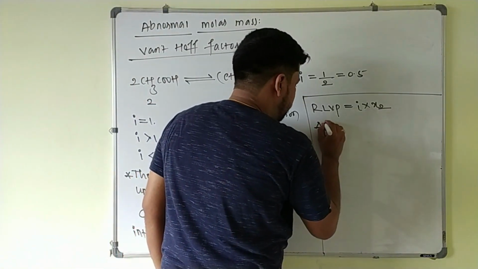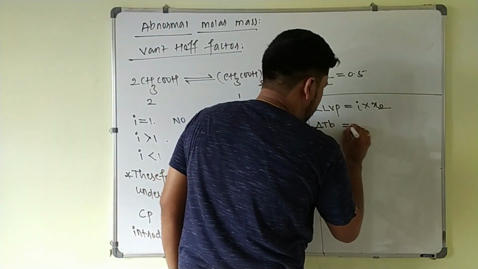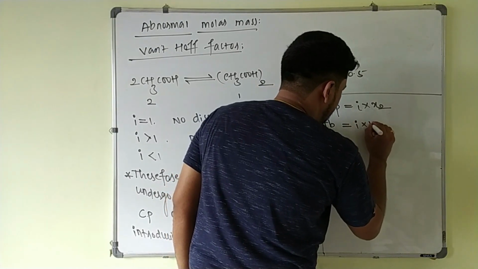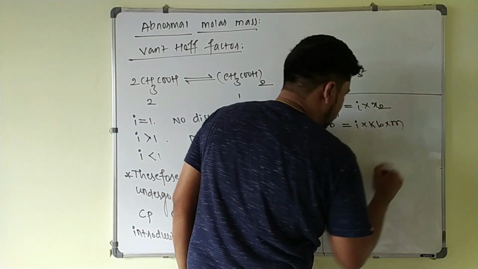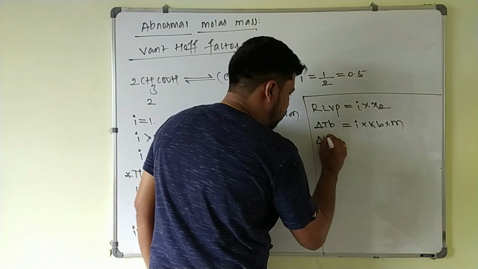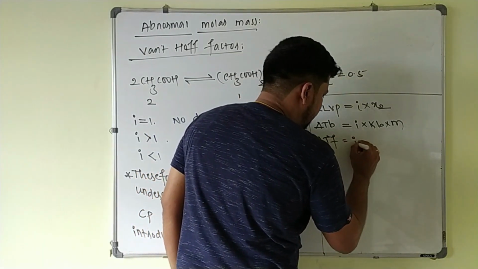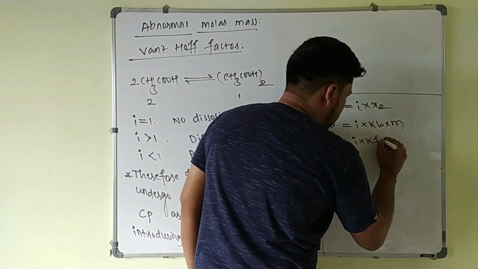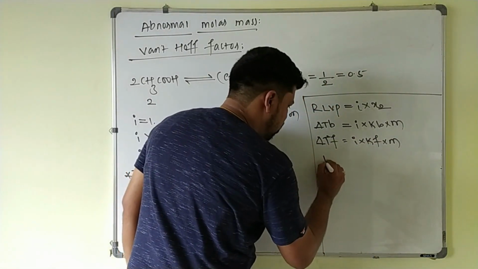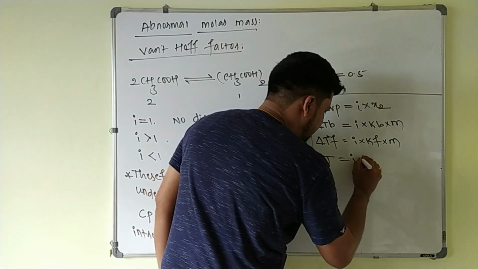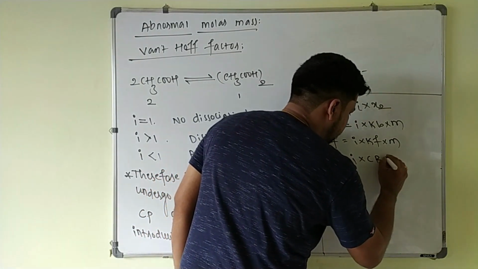Elevation in boiling point, delta TB, is equal to I into KB into molality. Depression in the freezing point, delta TF, is equal to I into KF into molality. Osmotic pressure pi is equal to I into CRT.